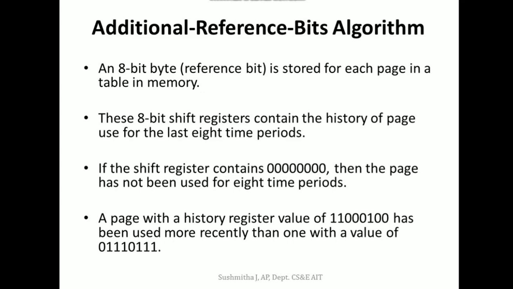This gives me a history of 8 instances of time, so I am able to get the information of whether the page was accessed or not accessed over 8 time intervals.